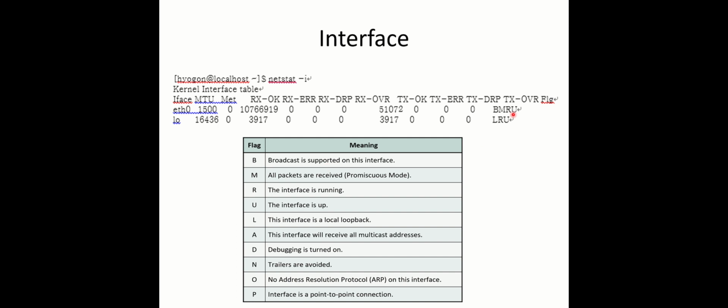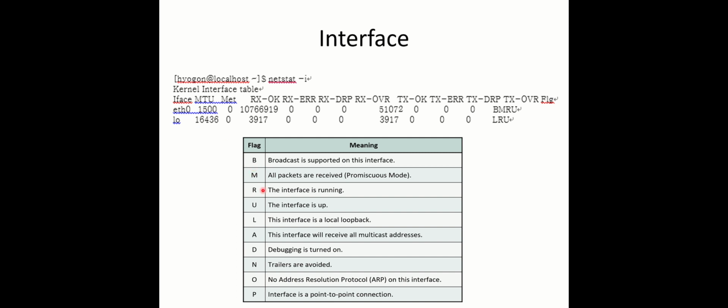And R and U, U means that the interface is up, and R means the interface is running. And L says that this particular interface is a local loopback interface.